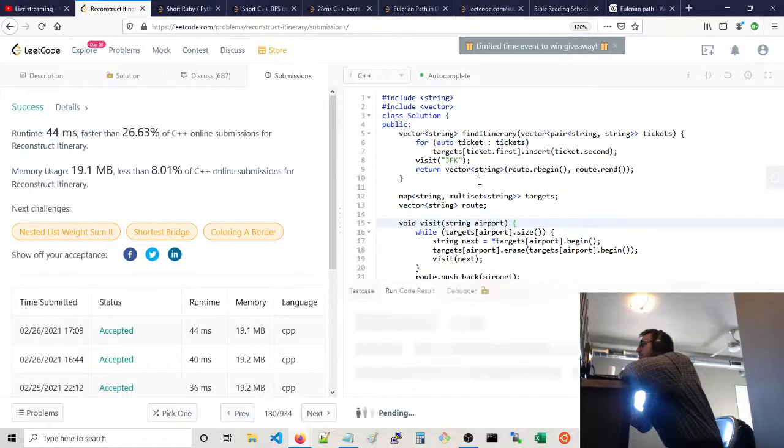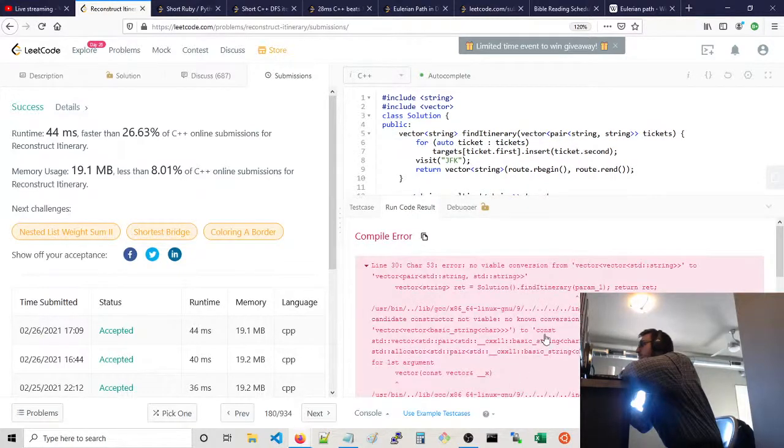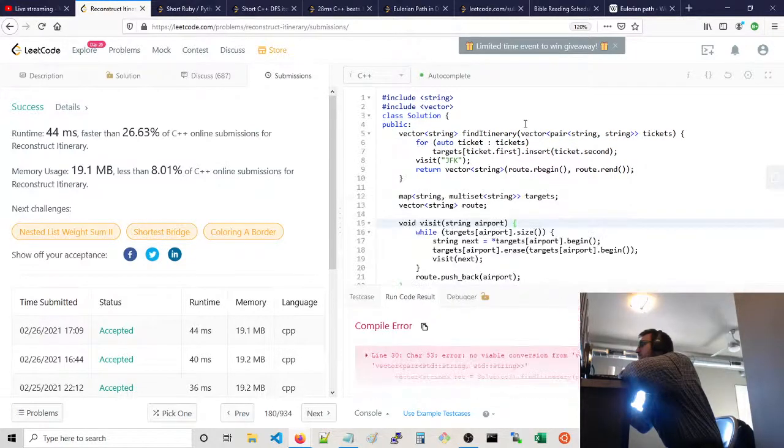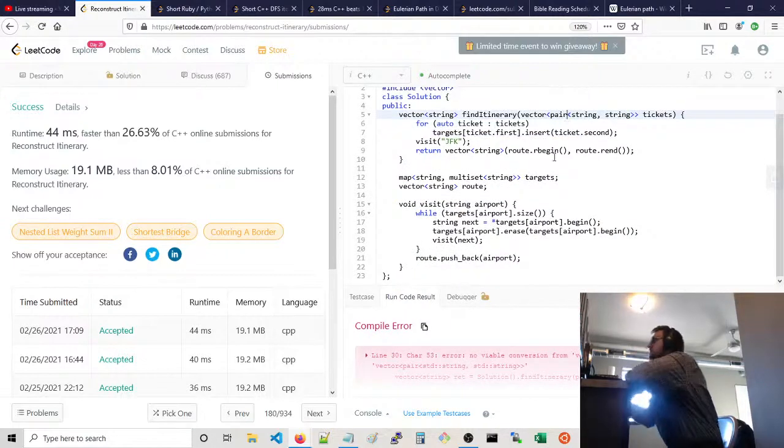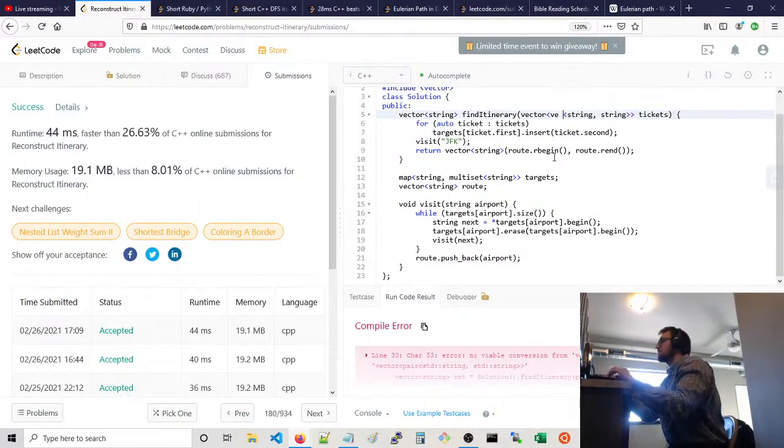Does this not work anymore? I mean, you could pretty easily go to vectors. Just do ticket 0, ticket 1.